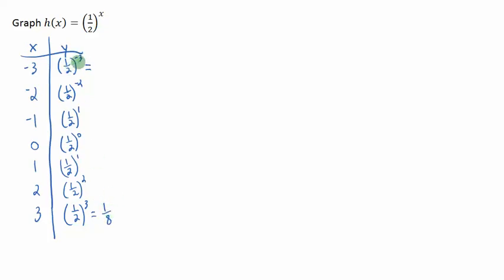So 1/2 to the -3rd power will be the reciprocal of that, which is 8. 1/2 to the 2nd power is 1/2 times 1/2, which is 1/4. Which means 1/2 to the -2nd power will be the reciprocal, 4. 1/2 to the 1st is 1/2. 1/2 to the -1st will be its reciprocal, 2. And 1/2 to the 0 is 1, because anything to the 0 is 1.